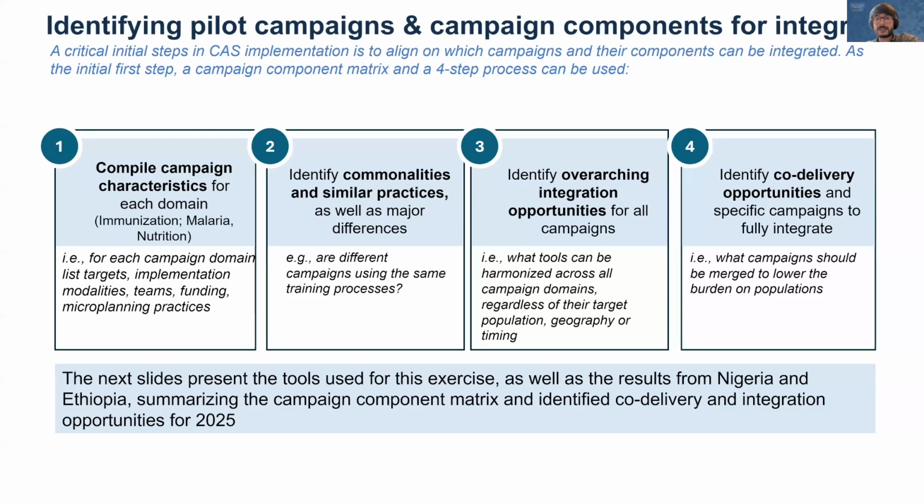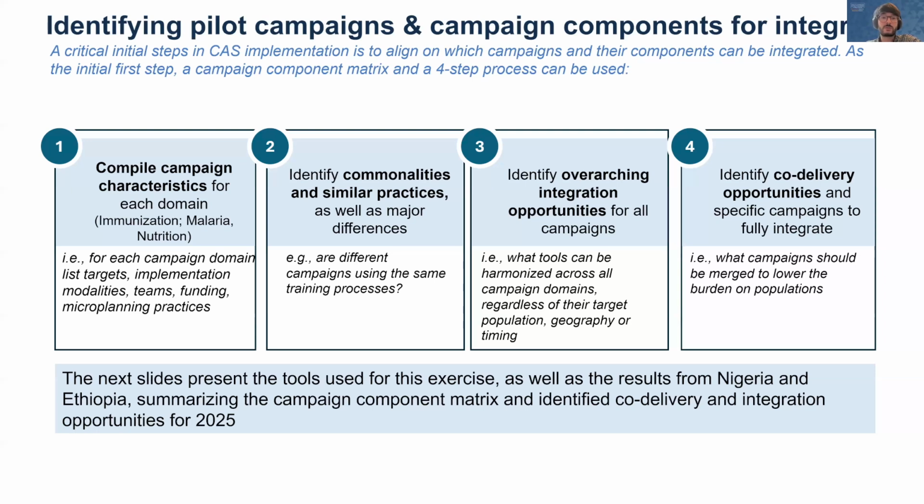The integration matrix is a 4-step process that helps map out similarities and differences between campaigns and highlights practical opportunities to integrate, because integration does not only include co-delivery, but it can also be overarching tasks such as communication or transportation or training that could be done together even when campaigns are not co-delivered.